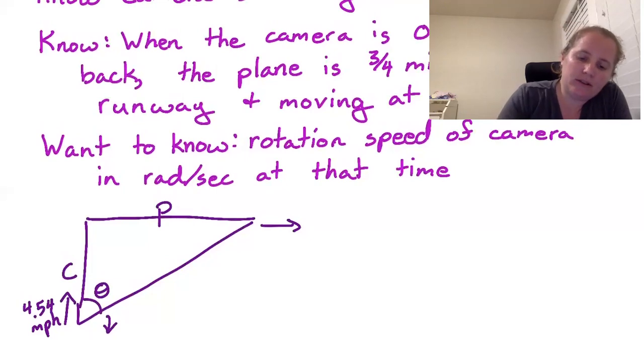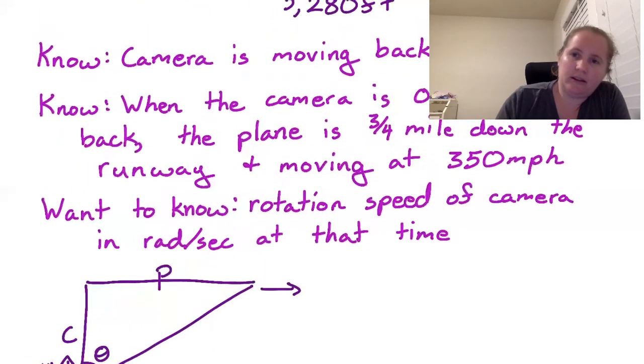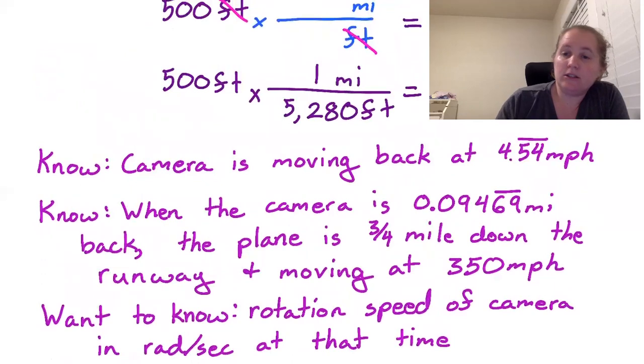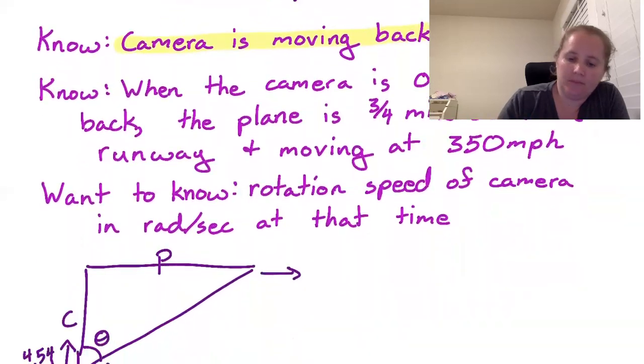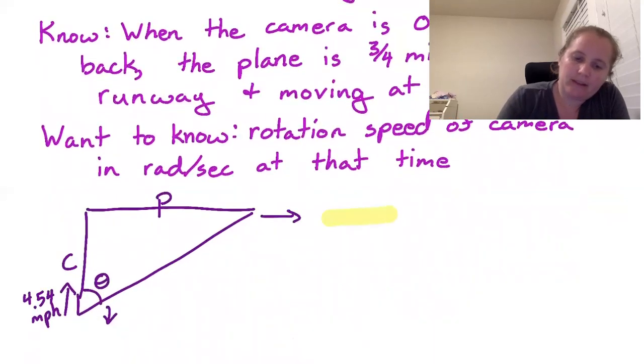So if we put all of this information in notation form or in symbols, the camera moving back at 4.54 miles per hour. The camera moving back, sorry, I also did my camera moving the wrong direction. The camera's going the other direction.